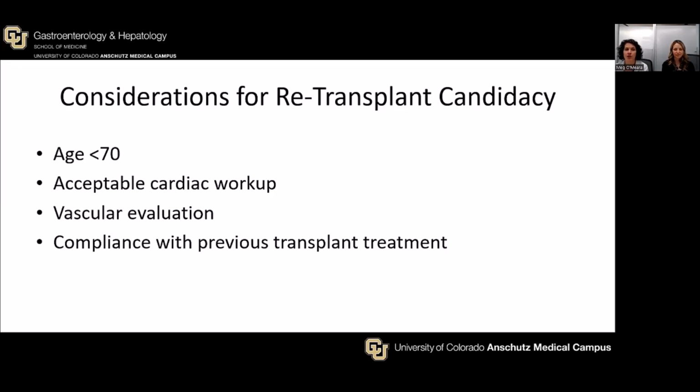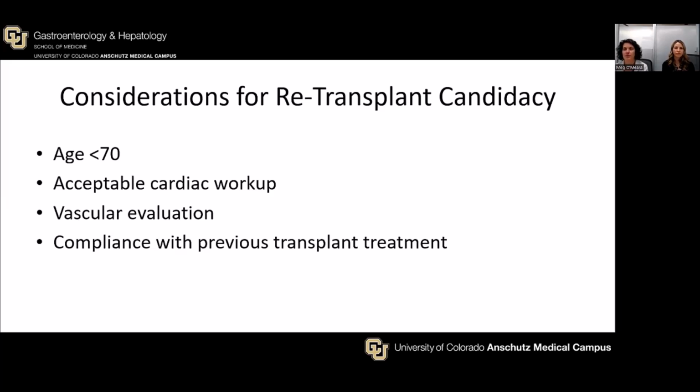They would need to undergo cardiac evaluation to ensure that they're an acceptable candidate for surgery from a cardiac perspective, and then undergo extensive vascular evaluation to assess their vasculature for another surgery, thinking about all of those arterial and venous anastomoses that we reviewed at the beginning. If you're going to make those again with another transplant, obviously you would want to make sure that that would be feasible.